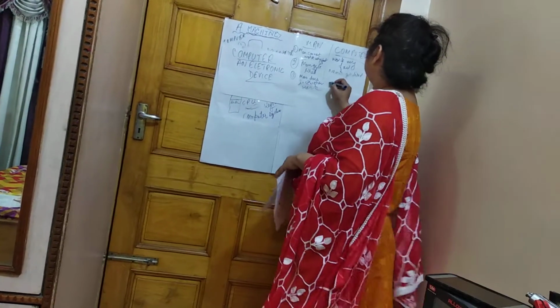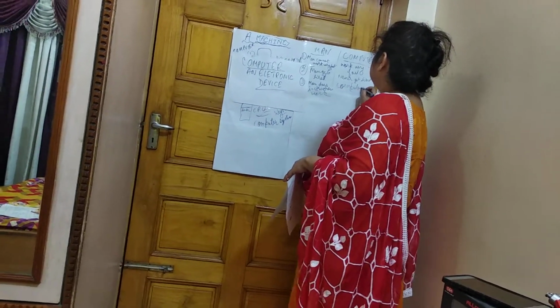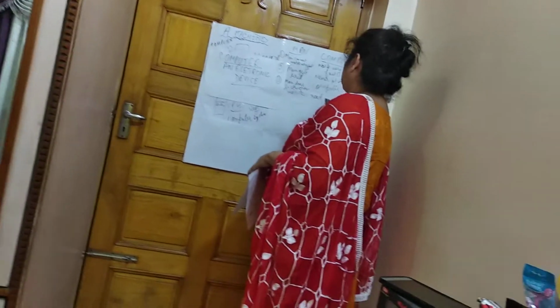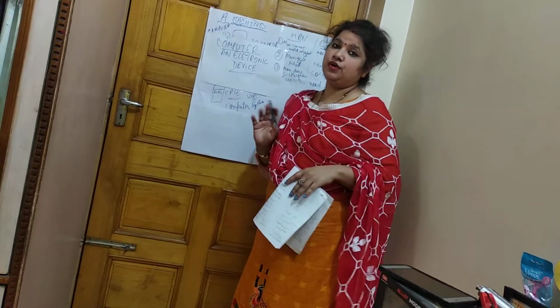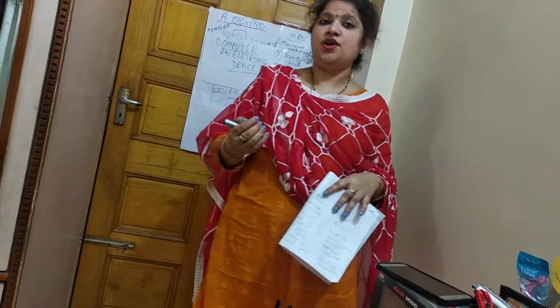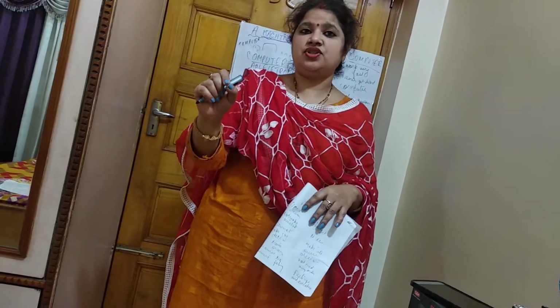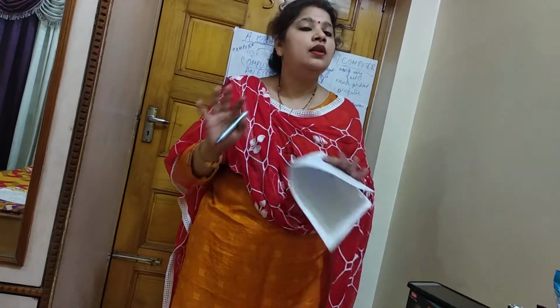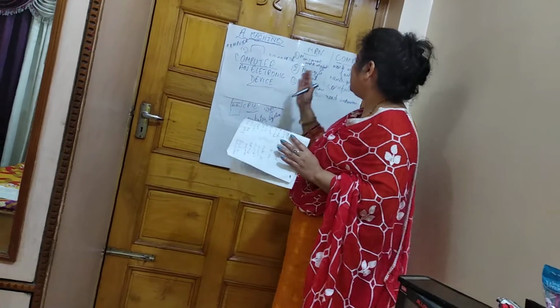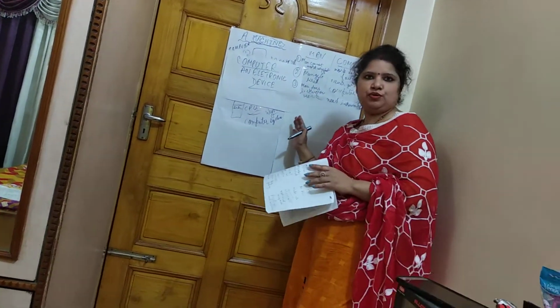But computer needs instructions. Computer cannot work without instructions. Until and unless we give the instruction, we give the data, we give the information, the computer will not work. So this is the third difference between man and computer.